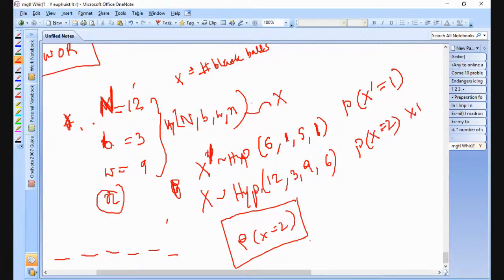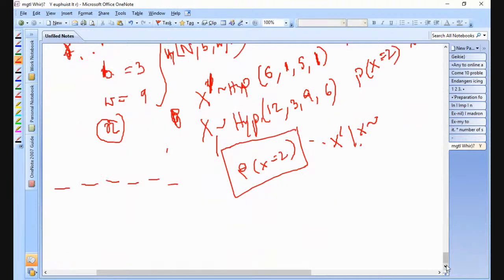In fact, the idea is that X dash given X follows this hypergeometric. So this is a problem. This is a nice sum, of course, but we need to understand the depth of it.